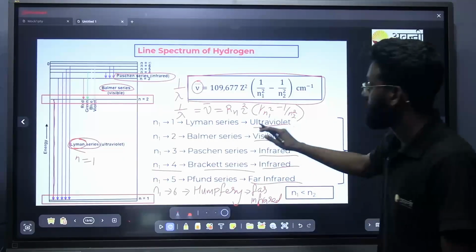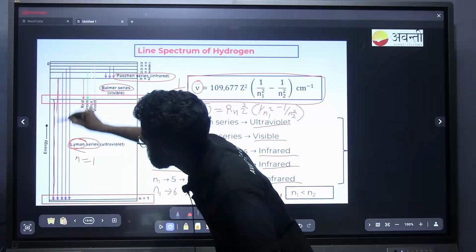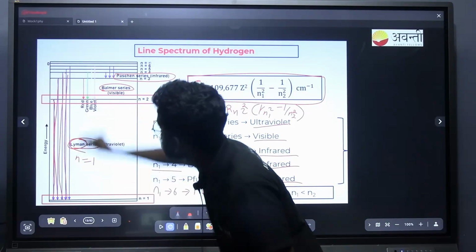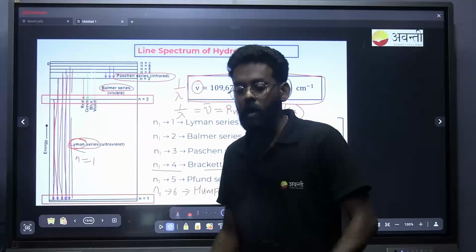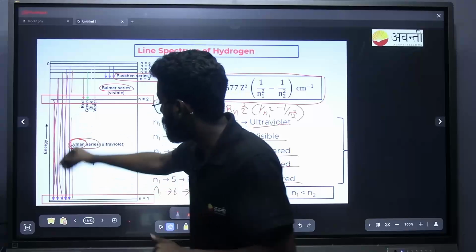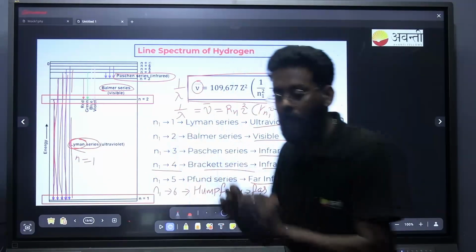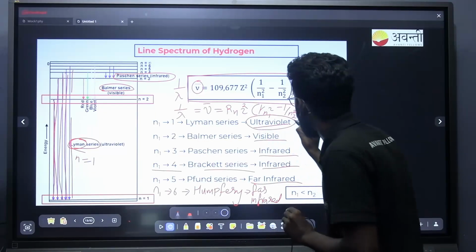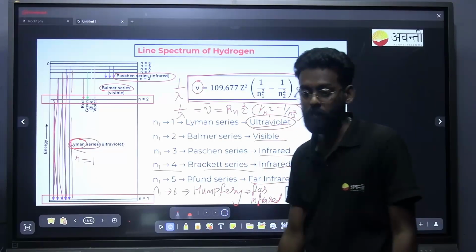I will tell it by taking the example of Lyman series. You can see there are different radiations of Lyman series, right? If I find the minimum wavelength and the maximum wavelength of Lyman series, that wavelength will be coming in the wavelength range of ultraviolet radiation in the electromagnetic spectrum.